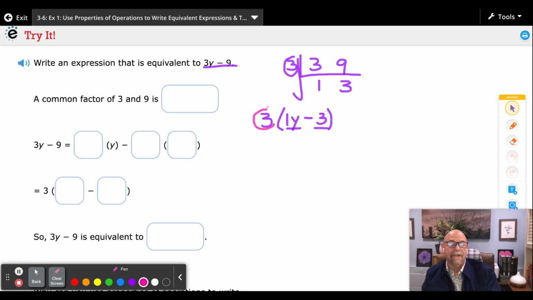What would I get if I distributed this 3 to everything inside? 3 times 1y gives me 3y, so that part is correct. 3 times 3 gives me 9, so that part is correct, and I still have my subtraction sign. All right, so that is factoring, or write an expression that is equivalent to that. We could just factor a 3 out, and this expression is equivalent to the original. It's equal to it.